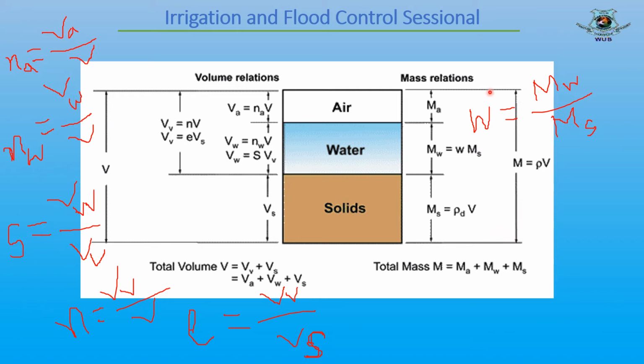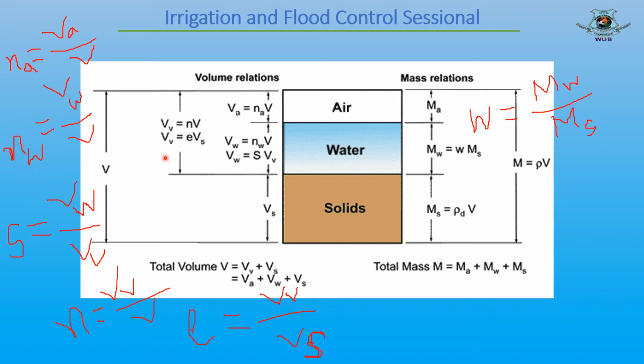If we multiply these two terms we can get the mass of solid particles, and M represents the total mass, and we can calculate the total mass using this equation M equal to rho into V. Here rho is the density of soil, and V is the total volume. So in respect of mass we can calculate total mass M equal to the sum of these three, that means Ma, Mw and Ms. And with respect to volume we can say the total volume V is the sum of volume of voids and volume of solid particles.